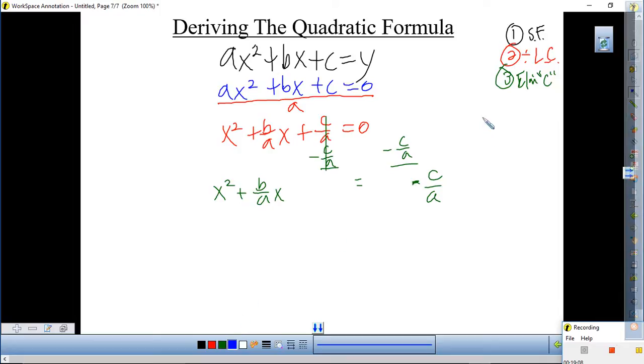Step 4. Tanner. We have an empty space here, so what would be our 4th step? That's step 5.